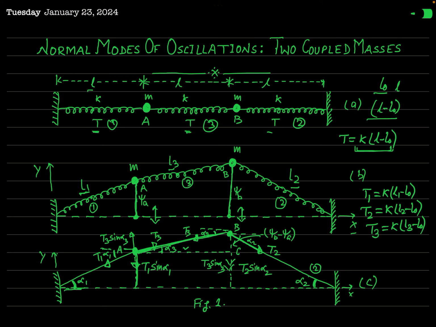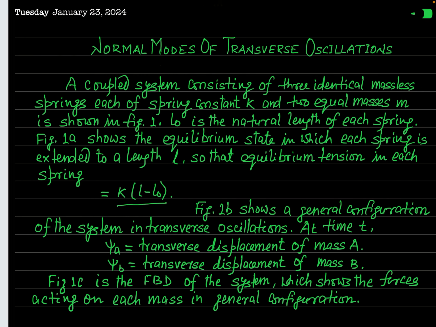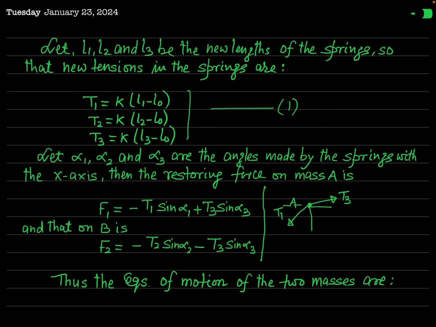And so the component in downward direction will be what? The component of T1 in downward direction will be T1 sine alpha 1. Its other component will be T1 cos alpha 1 in horizontal direction, but I am not showing that.